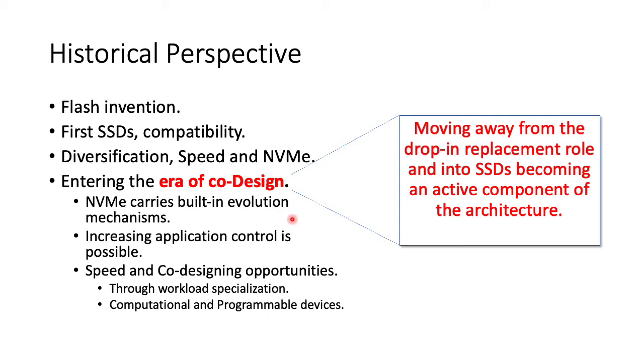First of all, NVMe is widespread and allows a number of evolution mechanisms for us to explore. Second, we're seeing more and more possibilities for increasing control of storage from the application, and we're seeing opportunities for co-designing these devices as well.